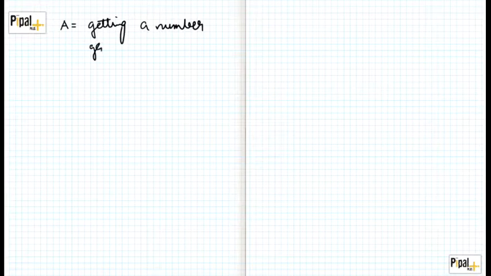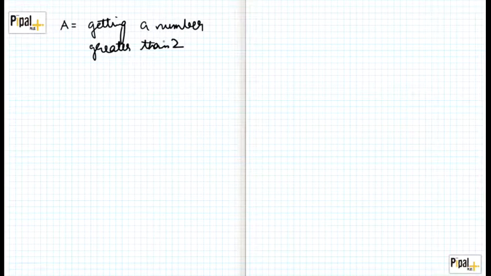Set theory is reasonably extensively used in questions in probability. To make my point, let's take an example. Let's define a set A, an event A, which is getting a number greater than 2 in a throw of a dice, right?